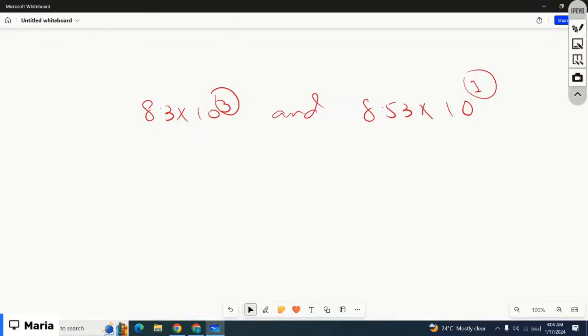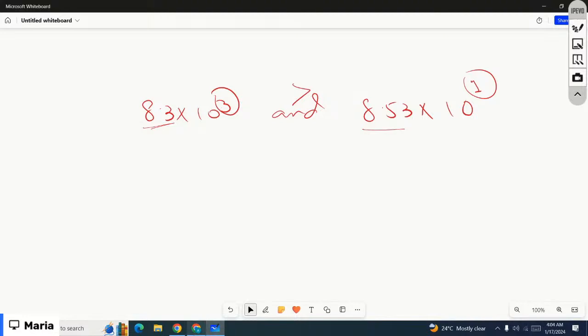Here you have 3, here you have 1. 3 is greater than 1, right? That means obviously 8.3 times 10 exponent 3 is greater than 8.53 times 10 exponent 1. If you have the same exponents for both numbers, then you have to compare these two numbers. First you compare their exponents. If exponents are equal, you need to compare the numbers.